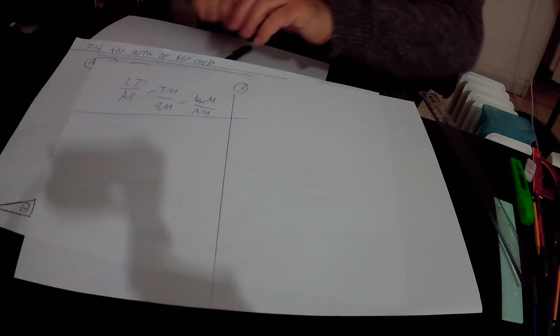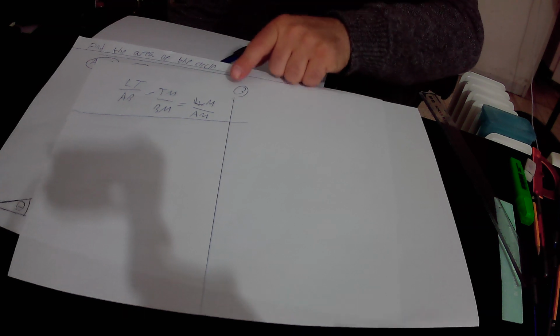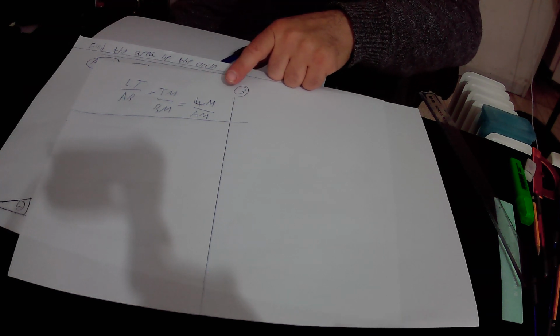In total, we found that LT over AB equals TM over BM, and it also equals LM over AM.